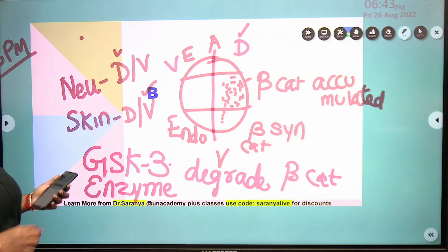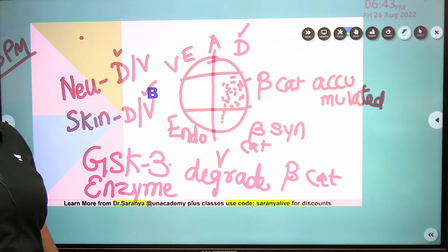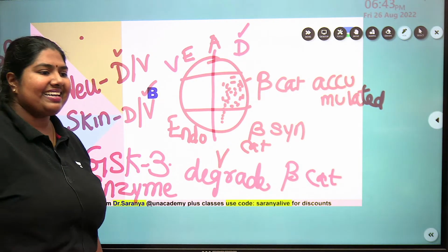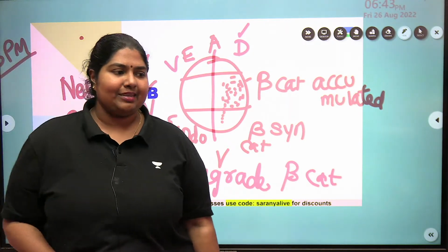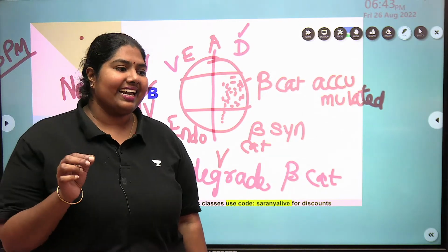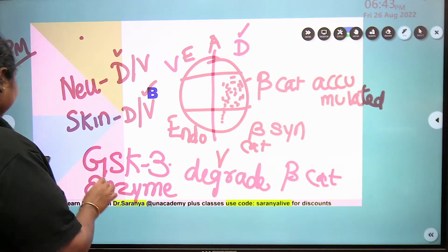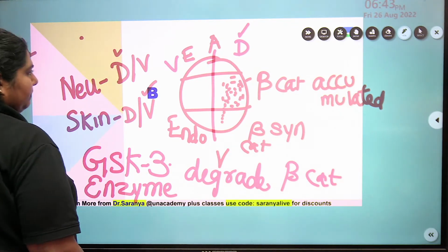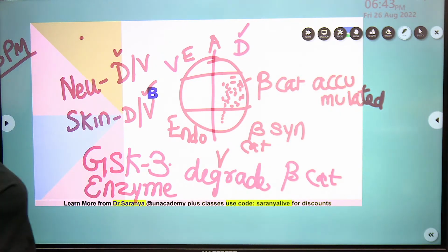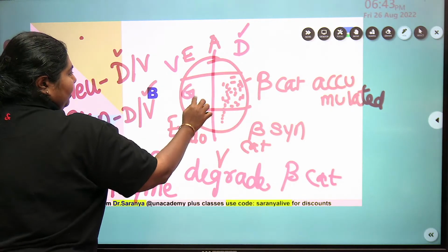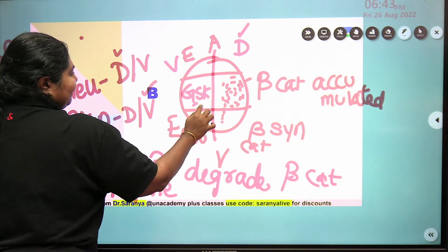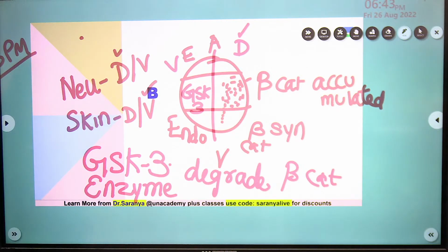So where should GSK3 be rich then? It should be rich in your ventral side. Okay, got it?